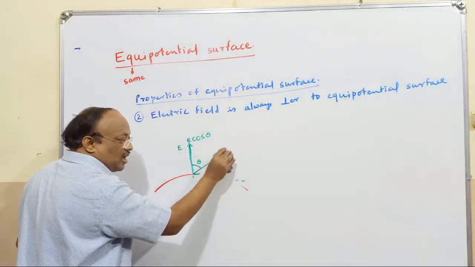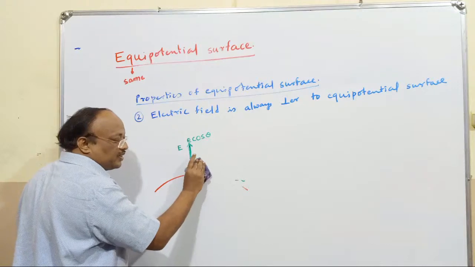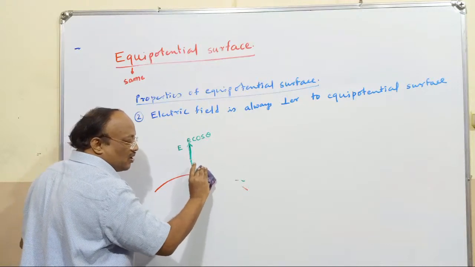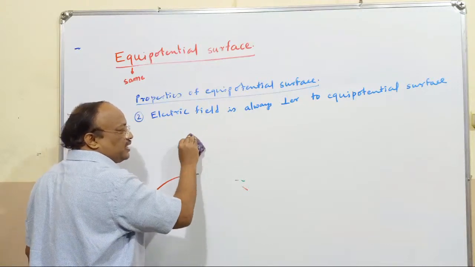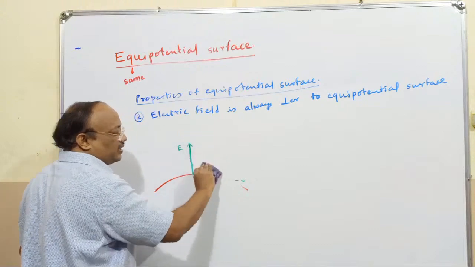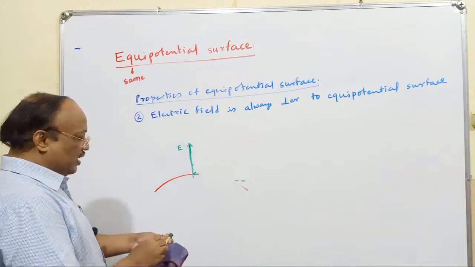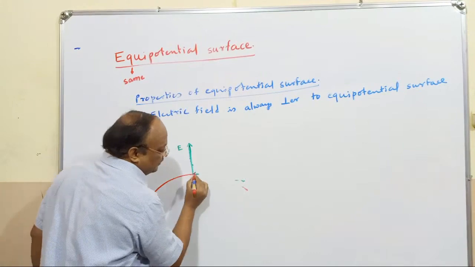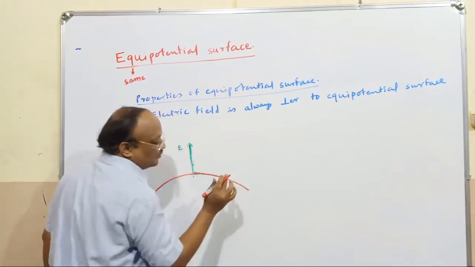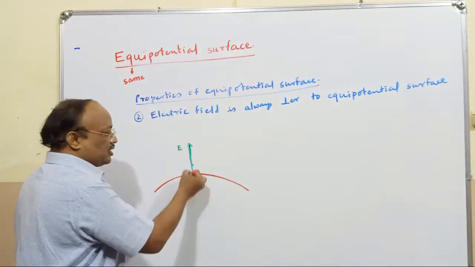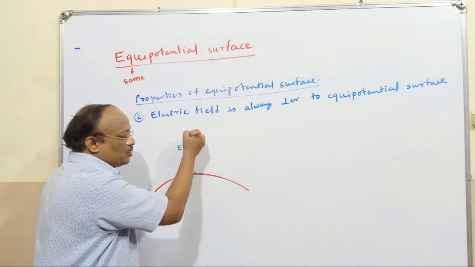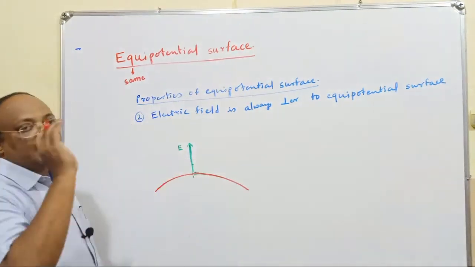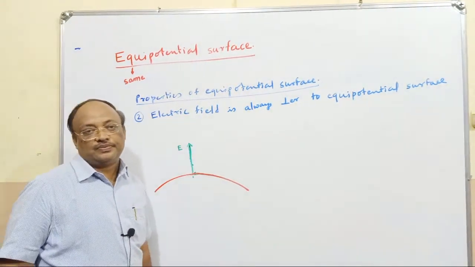So complete E is in this direction, which means E sin theta is not there, and the E cos theta component is also not there. So only we have E which is perpendicular to the equipotential surface.